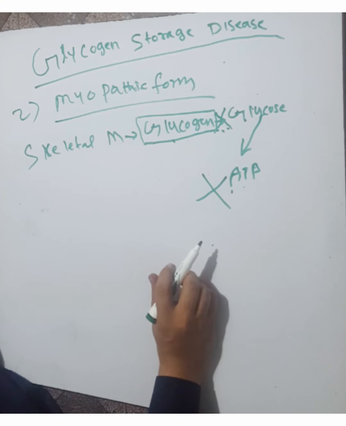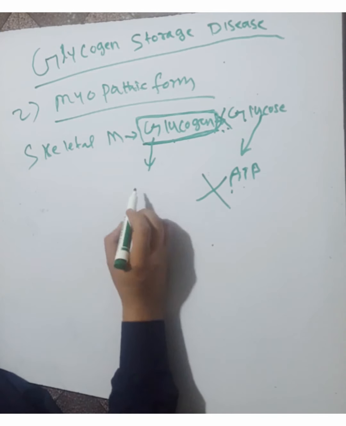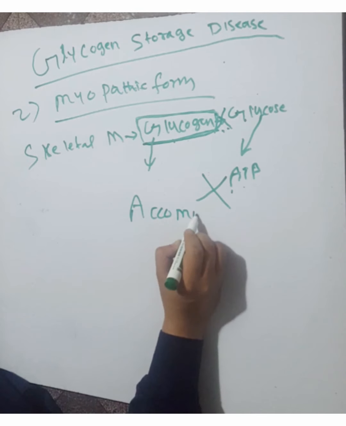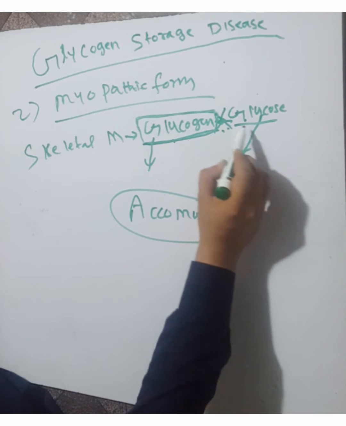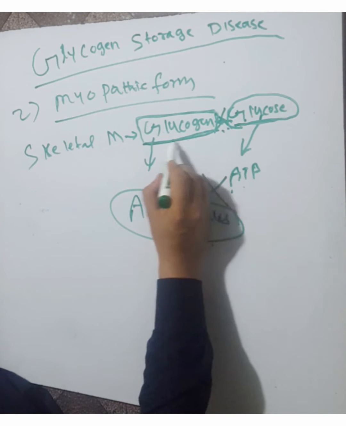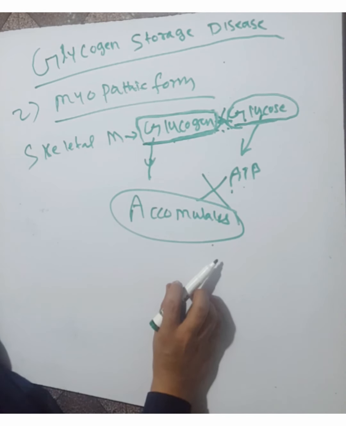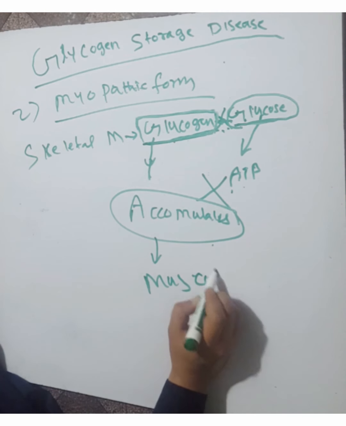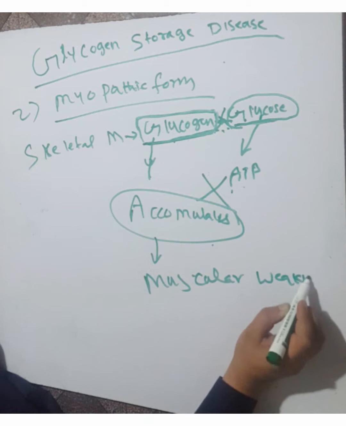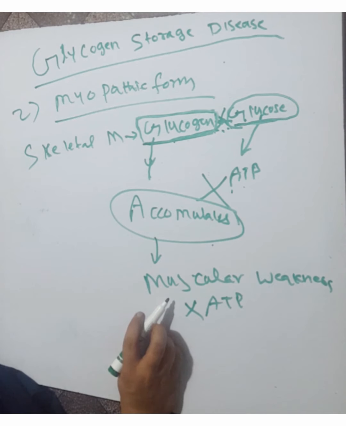When there is a deficiency in the breakdown of glycogen, glycogen accumulates in the muscles and causes muscular weakness and impaired energy production, since no ATP can be formed for physical activity.